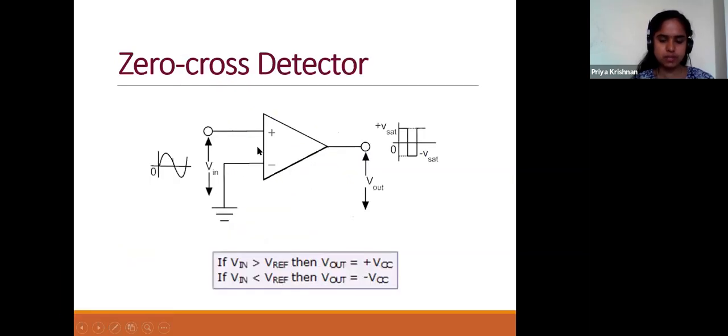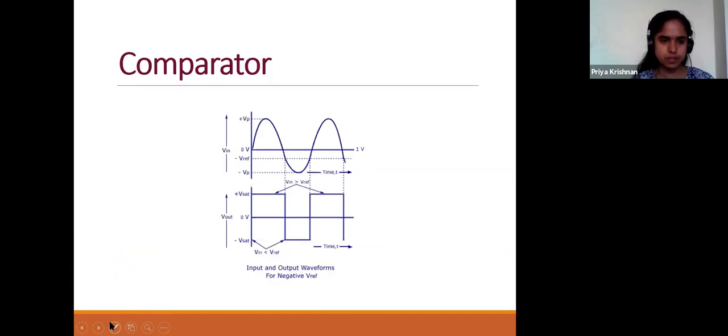This portion is completely above the V reference, so it is giving positive V saturation, and this portion is below the V reference, so it is immediately switching to the negative V saturation. Is it clear?